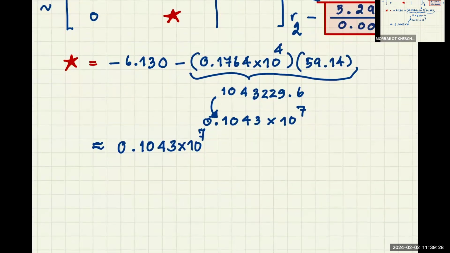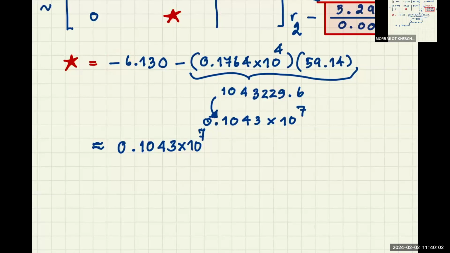Okay. So if you have this one, subtract by this one, you will get approximately, yeah, because this one is quite large, subtract by just 1 digit here, so it's not effect, okay. So I get this one, okay.